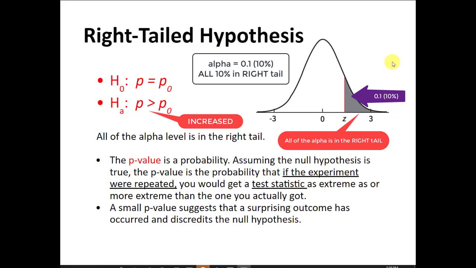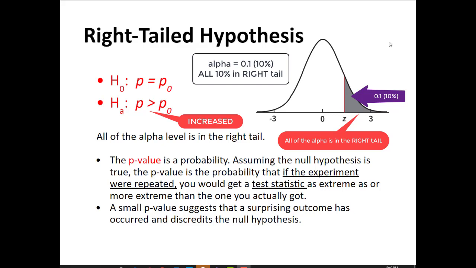So for a right one-tailed hypothesis, we are only concerned with values that are significantly more than the expected population proportion. For the sake of our discussion, we're going to continue just working with the 10% alpha, 0.1 alpha.